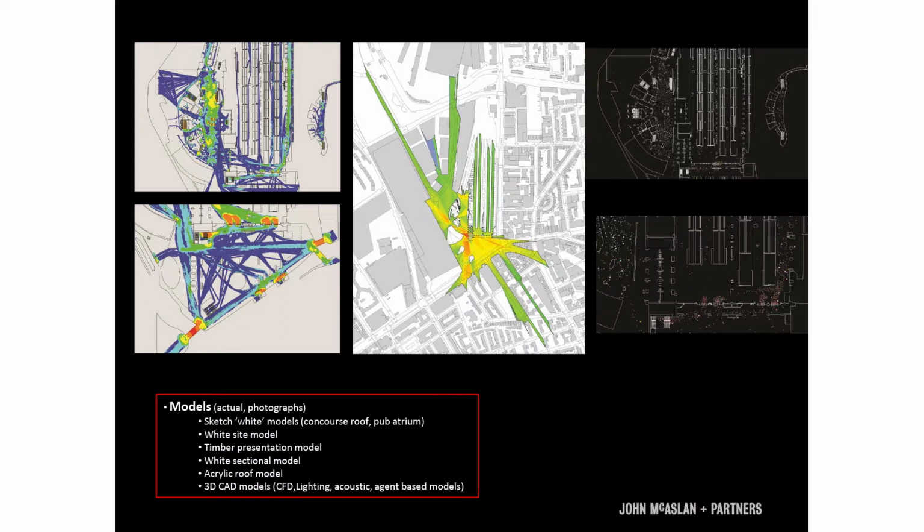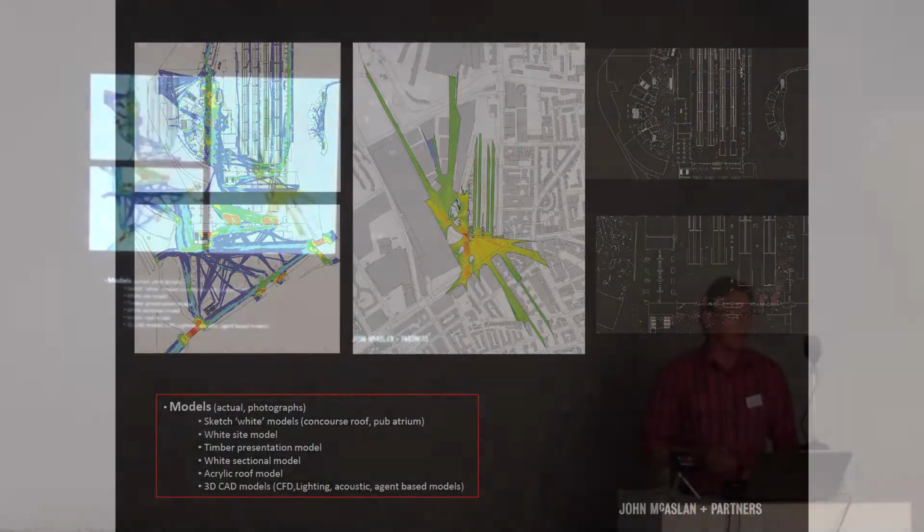Still in the realm of modelling, this is taking a step further, and these are actually spatial models. The two images on the left, which are quite small on the wall, are analyses of anticipated pedestrian movement through the Western Concourse and through the new public square.